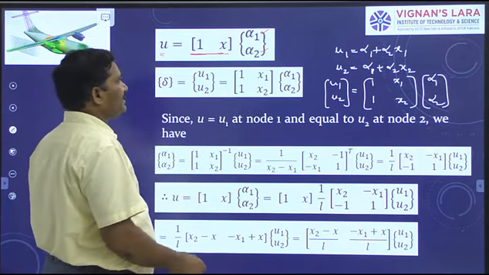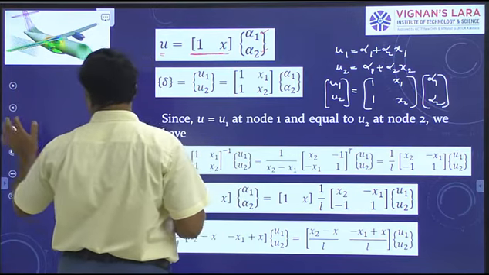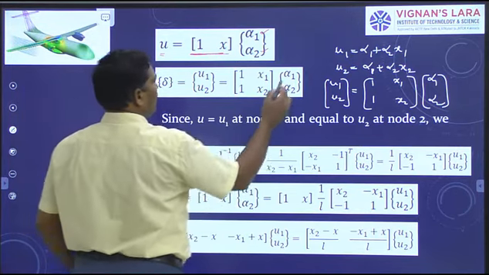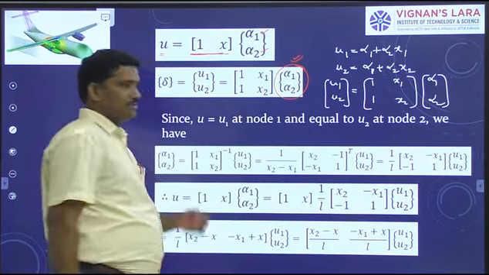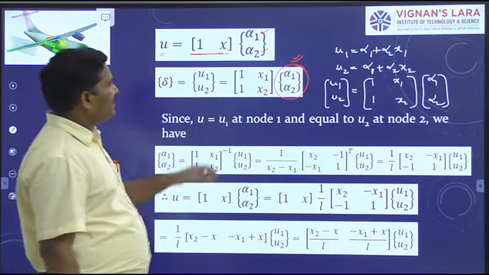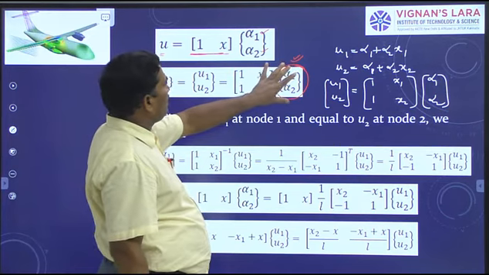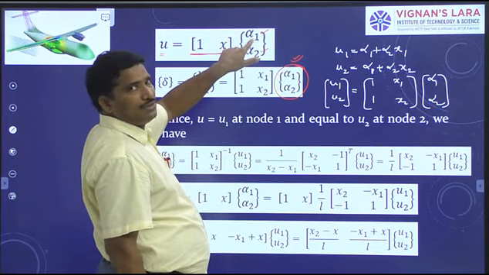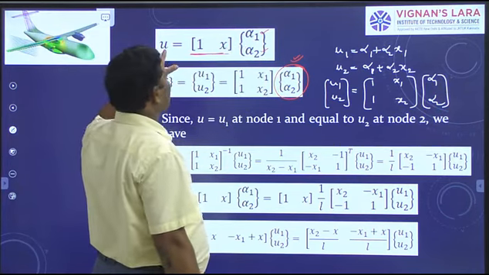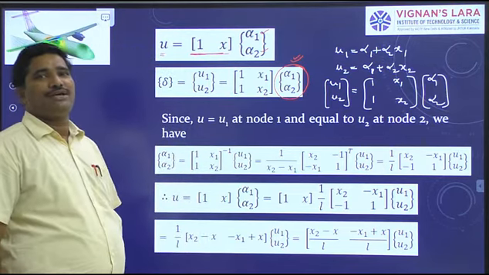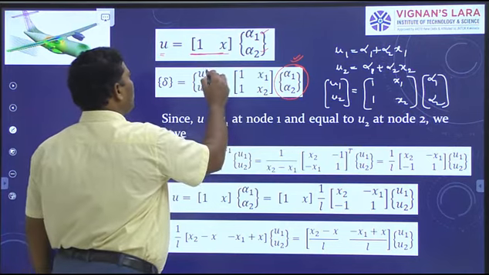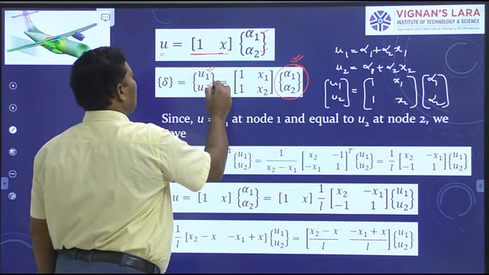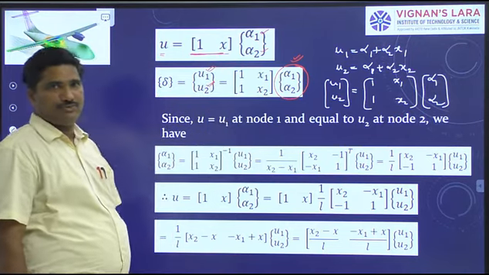Now what is my interest? My interest is to determine alpha 1 and alpha 2. This I want because they are unknowns. Once I determine alpha 1 and alpha 2, I can substitute here. Then I get the expression for the displacement at the point of interest P. Okay? Now, what are u1 and u2? They are the nodal values. Okay?